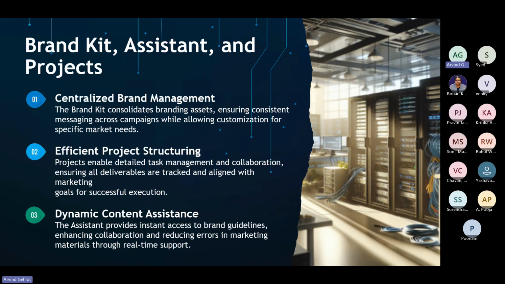It's like having your entire brand universe organized and accessible at your fingertips. Moving on to optimized project workflow, or I would say campaign workflow, this delivers structured task management and seamless team collaboration. It keeps all deliverables aligned with your marketing goals and executed with lightning speed.